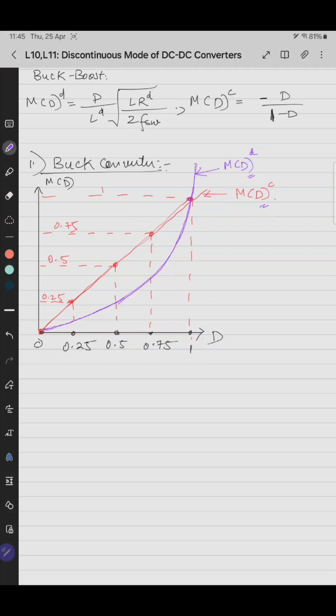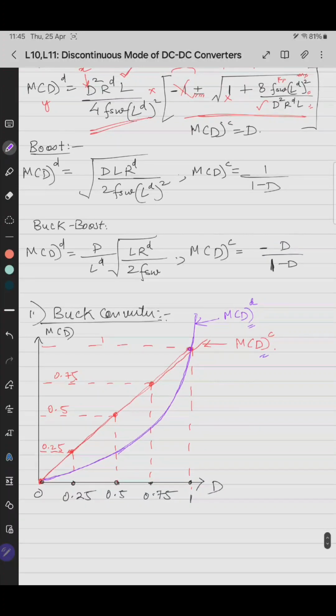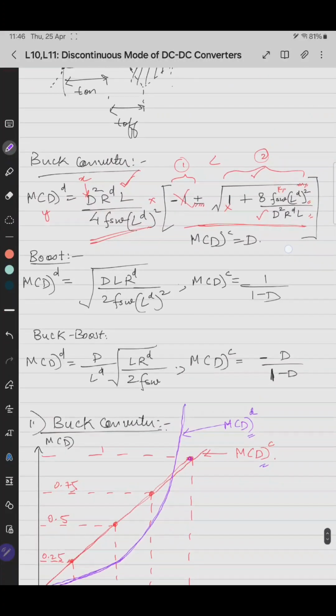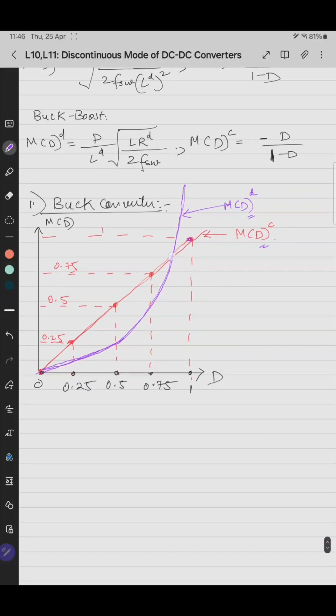So it may or may not intersect this one, but instead of drawing this, let me draw like this. The gain may be very high at d equals to 1. So it intersects somewhere here.